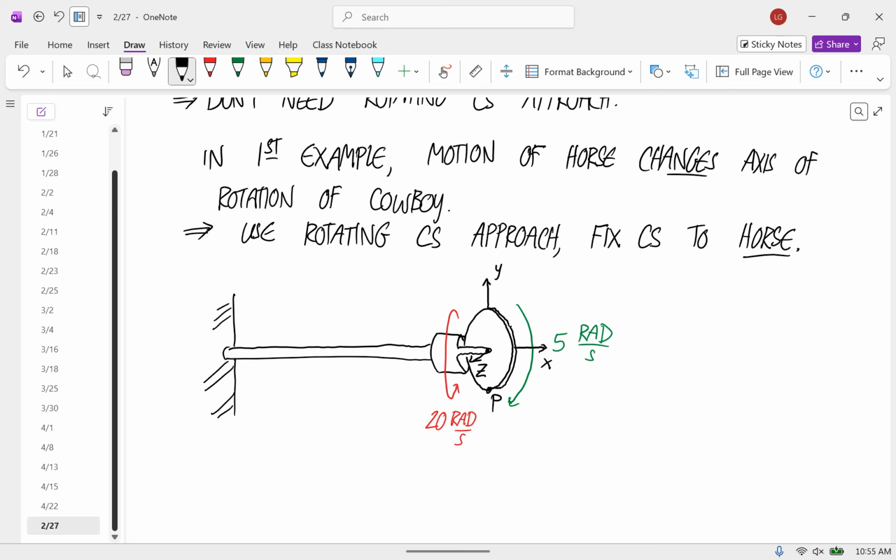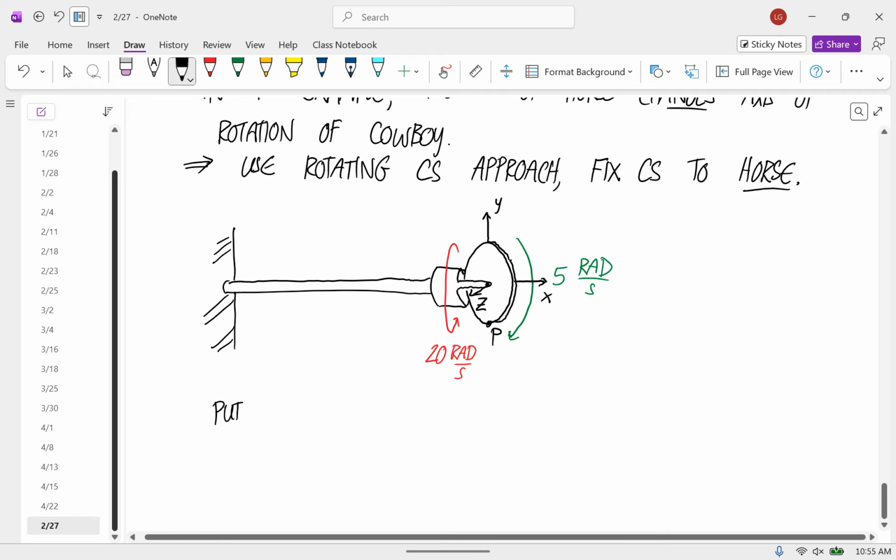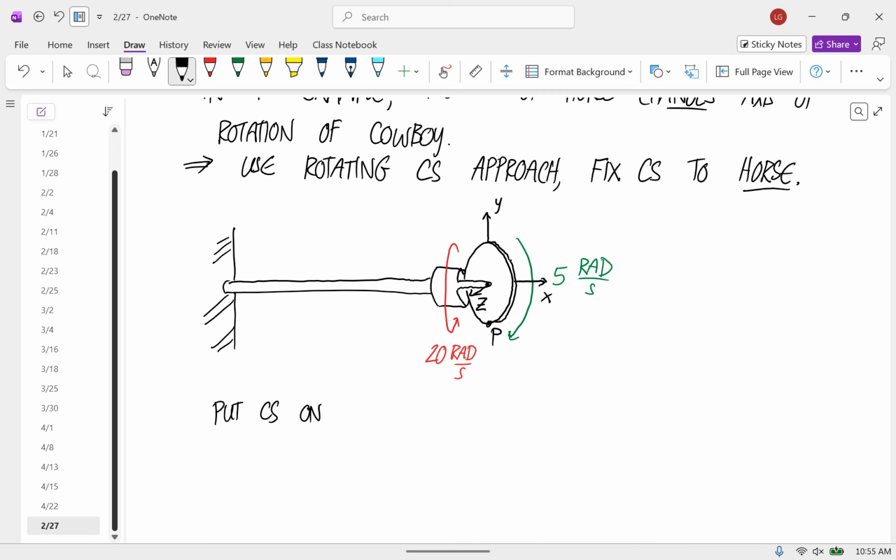Okay, so I put my coordinate system on the horse. I already drew that in black.